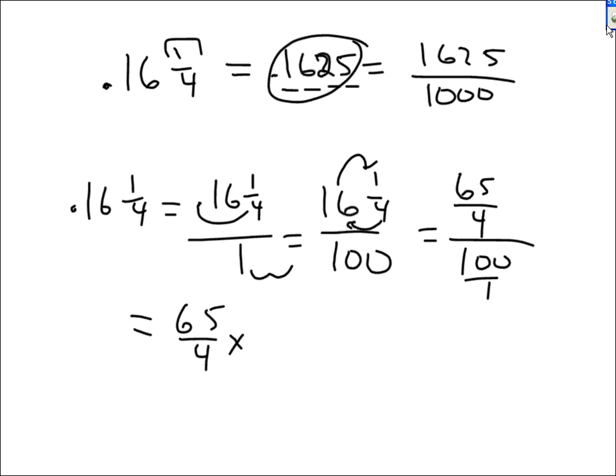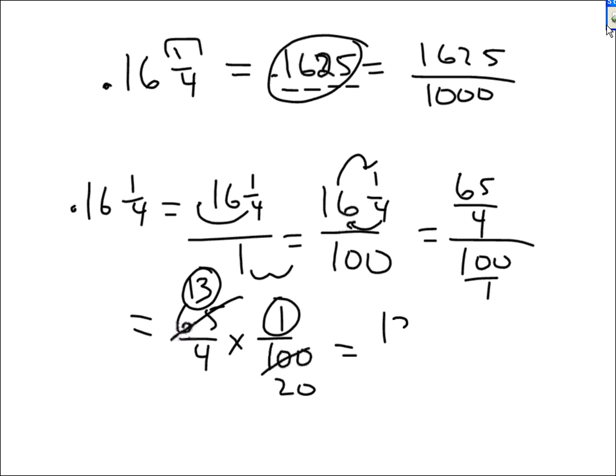You change division to multiplication, and you flip over the bottom number. Now 5 goes into both of these, 13 times and 20 times. No more reducing. 13 times 1 is 13. 4 times 20 is 80. There's your fraction. And this completes the section on changing a decimal number to a fraction.